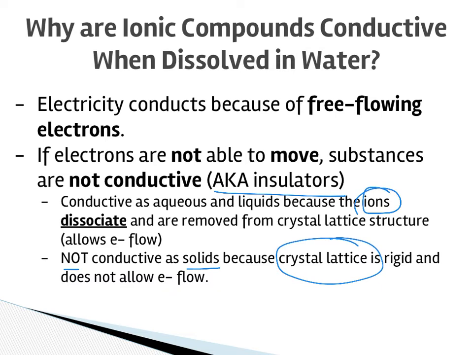So now the electrons can move from one ion to the next, and it allows us to conduct electricity. When ionic compounds melt, when they become liquids, they dissociate into ions, and that also allows them to conduct electricity. So ionic compounds conduct electricity when they're liquid or aqueous, but not as solids, because of that crystal lattice structure keeping us from having free-flowing electrons.